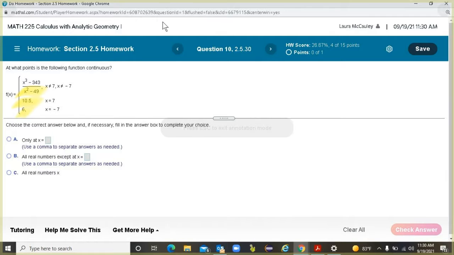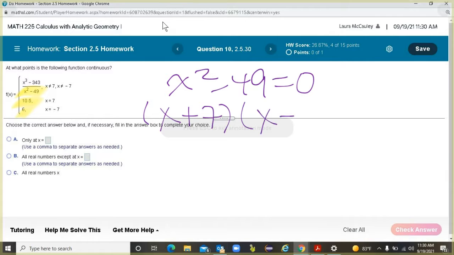So obviously, if x squared minus 49 is 0, now be careful here. You can either factor this, it's a difference of squares, and then you would get the -7 and the +7.